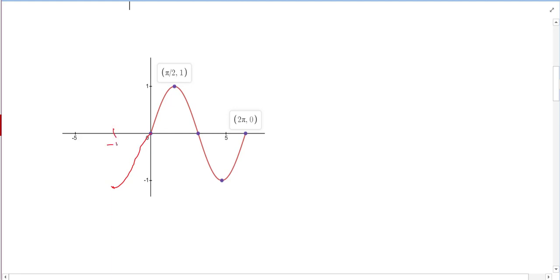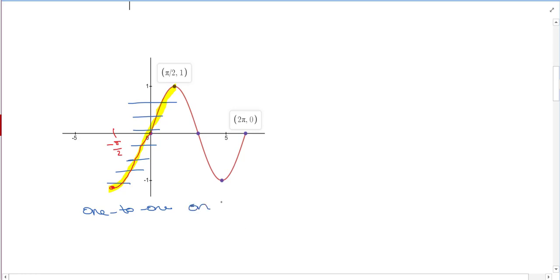So this will go to negative pi over 2. So now from negative pi over 2 to pi over 2, if I take this portion of sine x and do my horizontal line test on that region, now it is 1 to 1. So I have a nice portion of sine that is 1 to 1, and it includes 0.